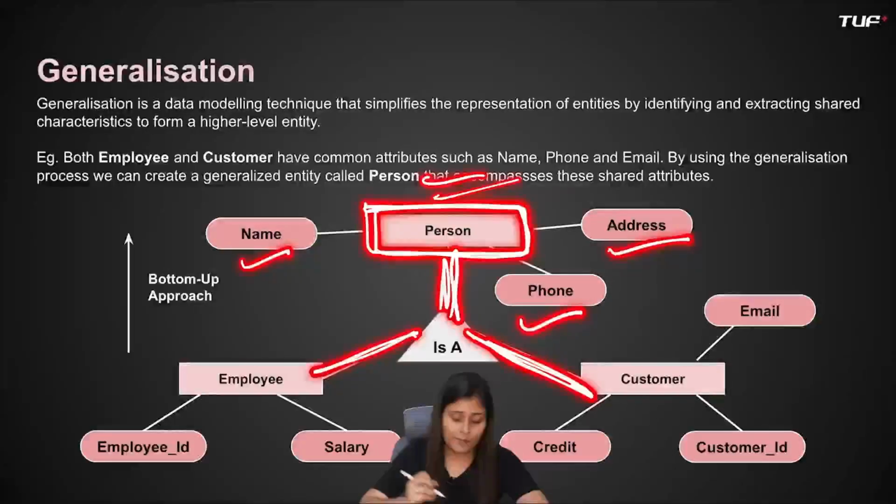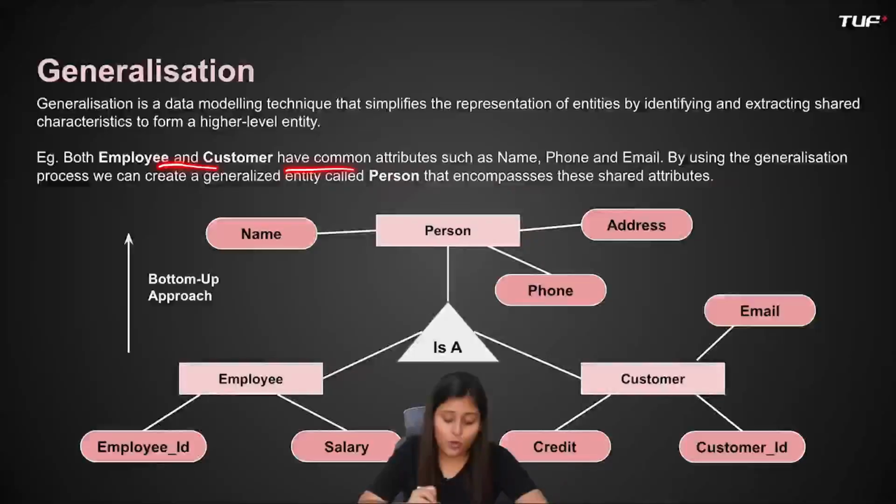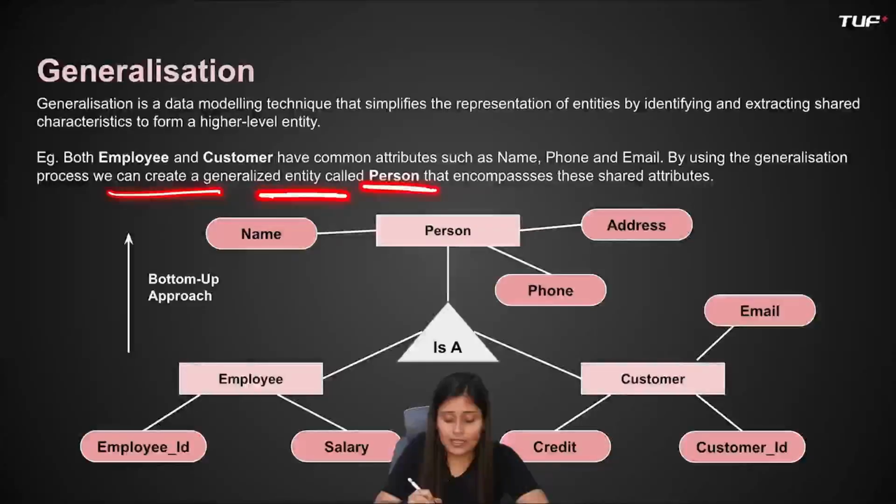Both employee and customer have common attributes such as name, phone and email, and by using the generalization process, we created a generalized entity called person that encompasses these shared attributes.